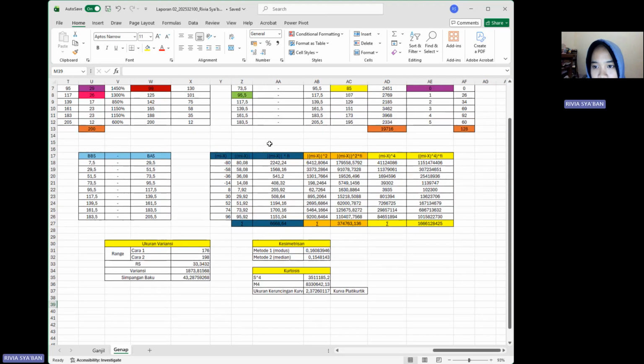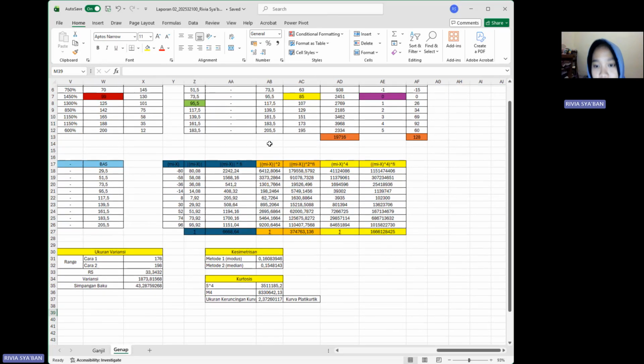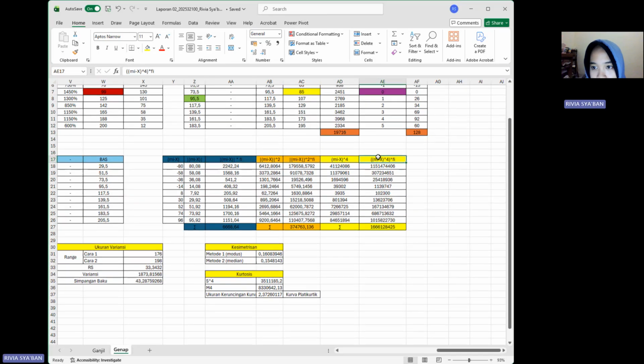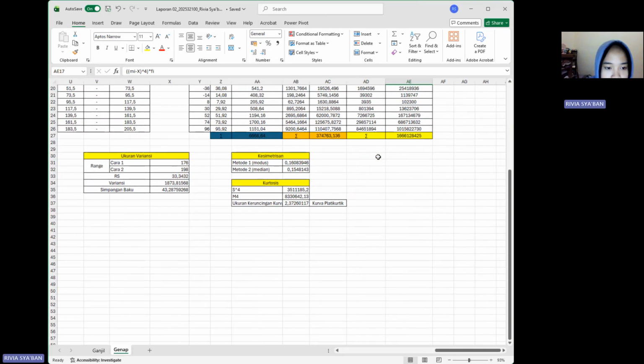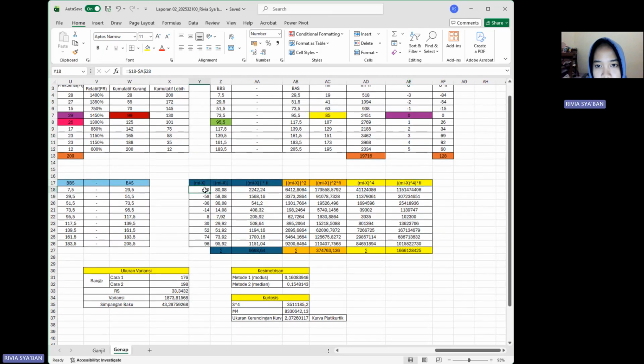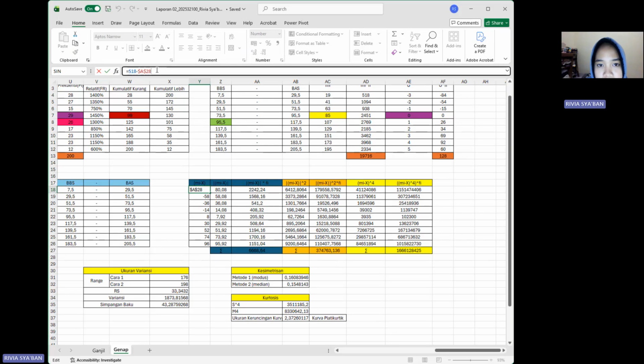Next, we should find the values of this, this, and that. To find this value, we use this formula.